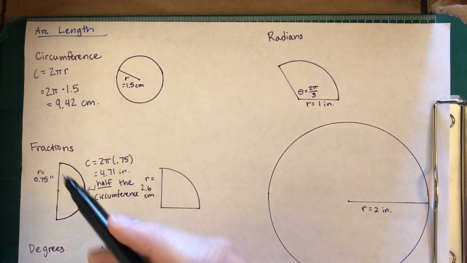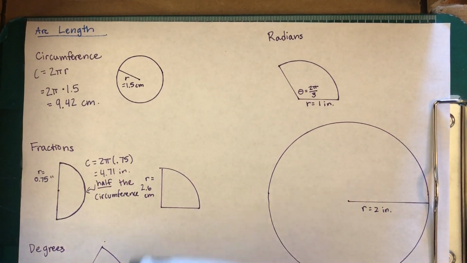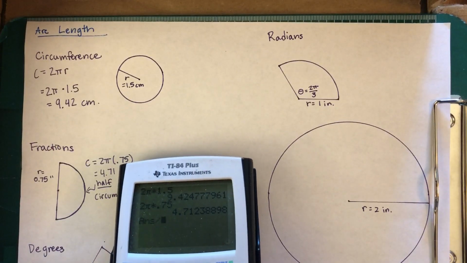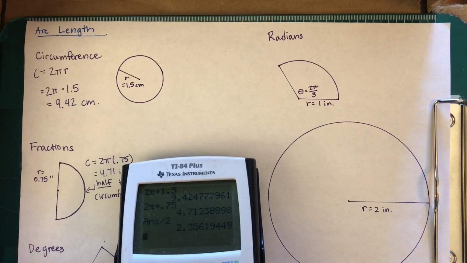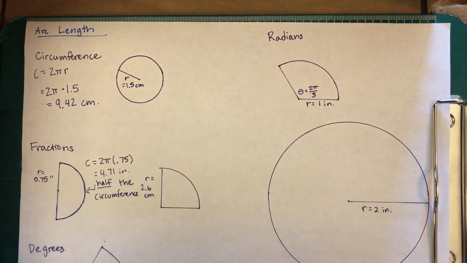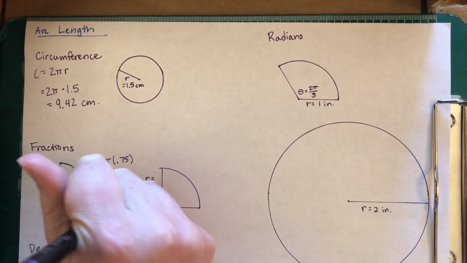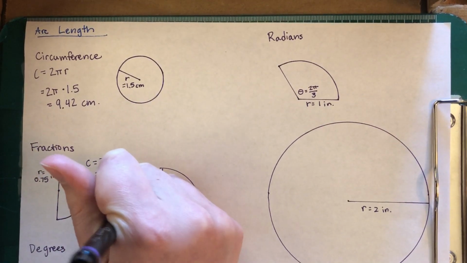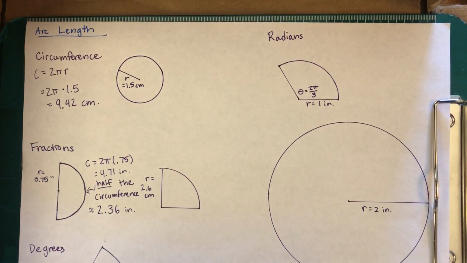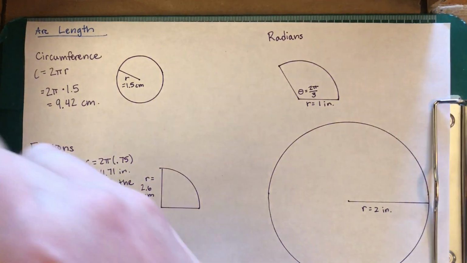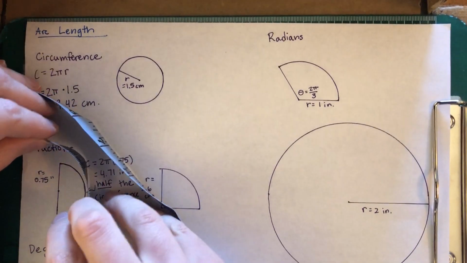So if I wanted to figure out what the length of this should be, I could just take this number and divide it by 2 to get 2.36 inches. And if I wanted to actually measure it, that should be about right.